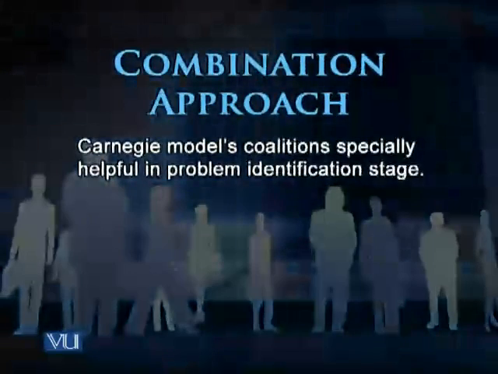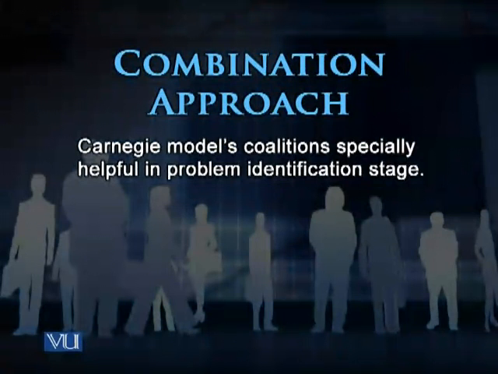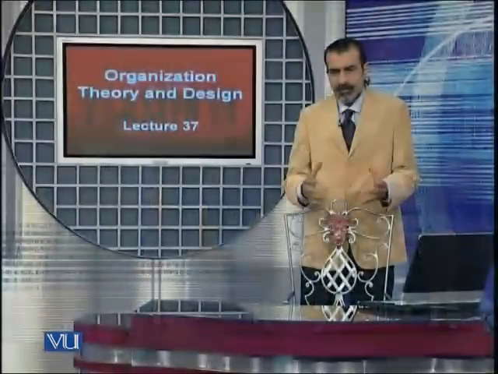अब कार्नेगी मॉडल में और इंक्रीमेंटल डिसीजन प्रोसेस मॉडल में जो इंपॉर्टेंट क्रक्स हैं या इंपॉर्टेंट थीम है, उनके इर्द गिर्द ही कॉम्बिनेशन अप्रोच काम करती है. In the Carnegie model approach, for example, the crux lies in the formation of coalitions of managers and coalitions of workers at any level.